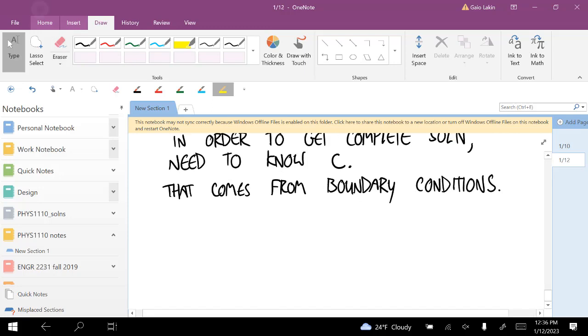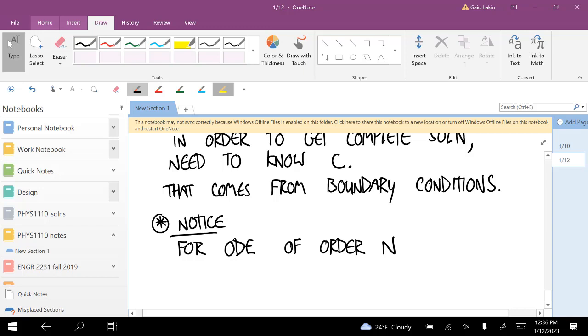So notice, for an ordinary differential equation of order n, okay, so if n is 3, then the highest derivative is a third derivative.